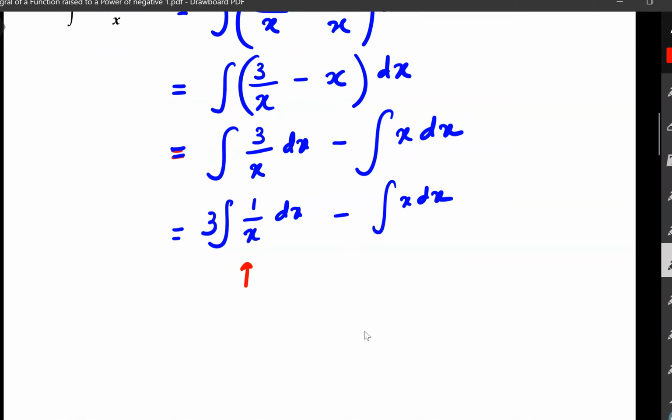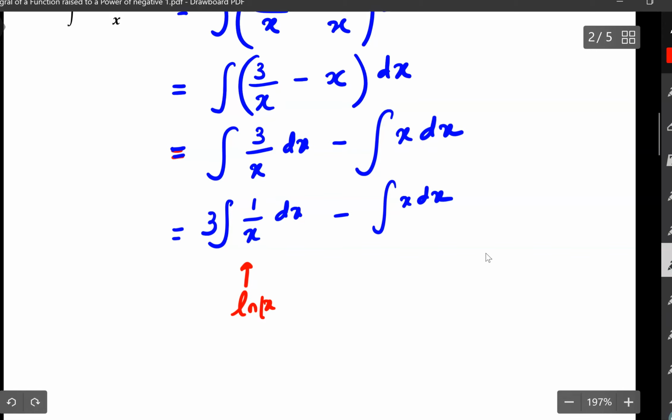So this one you can apply the ln. You can apply the natural logarithm in this case because you have x raised to exponent minus 1. And this one is actually very simple. Apply the basic rule for the integral. That means you add 1 to the exponent and you divide by the result of that. So this one becomes your ln of u, so ln of x in this case.